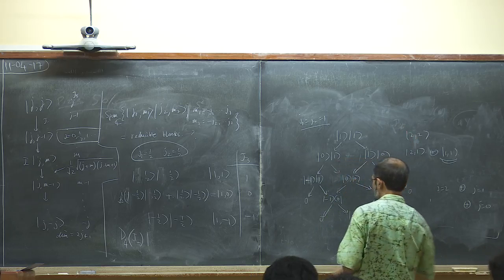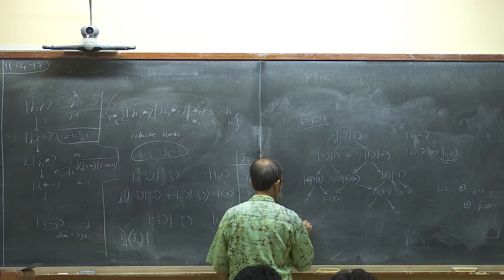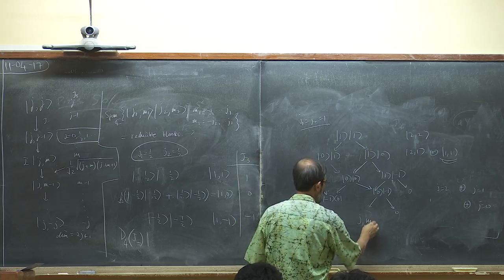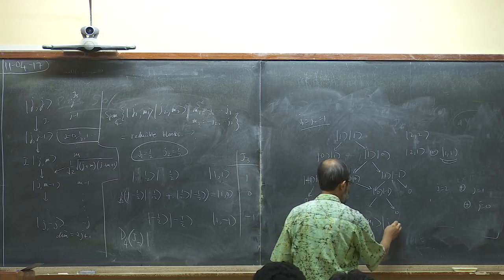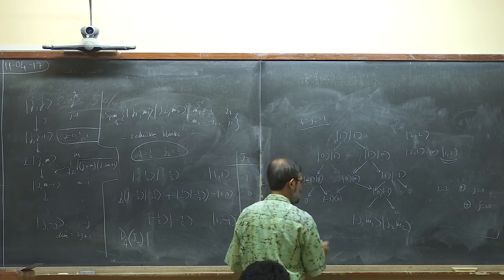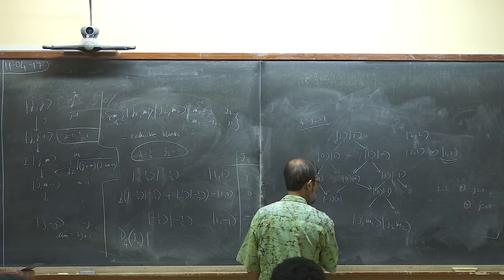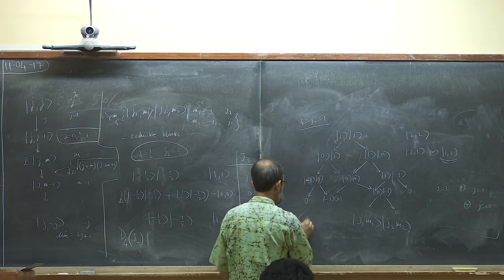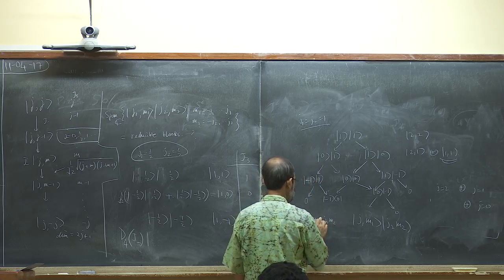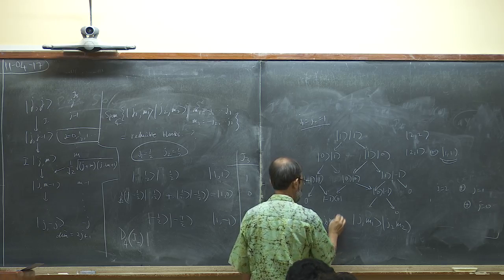So more generally, what I get is that I begin with J1 M1 and J2 M2, and some particular linear combination of these things. What is the linear combination?